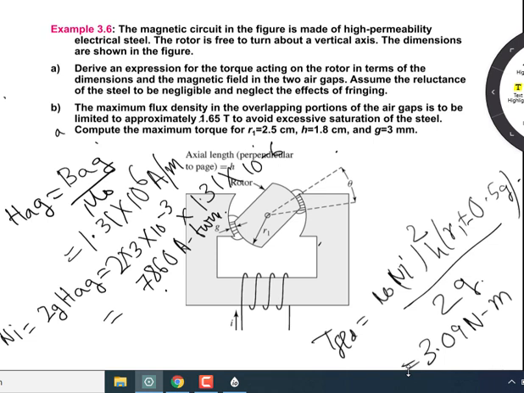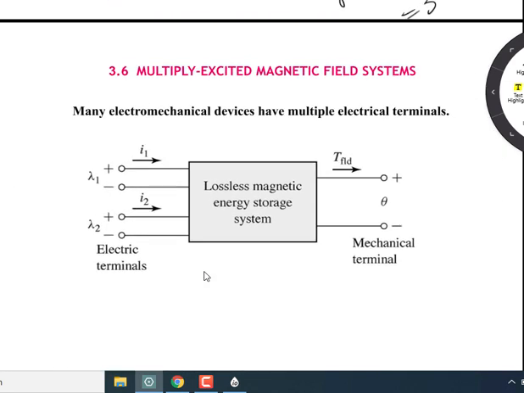Now we'll move towards the multiply excited energy system. So what is there in multiply excited energy system? Your DC machine, DC motors particularly, is an example of multiply excited energy storing system, where you are giving your supply to your field as well as to your armature. I am talking about obviously a separately excited machine.